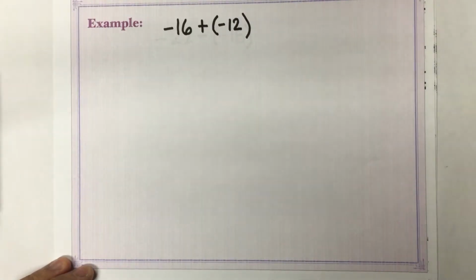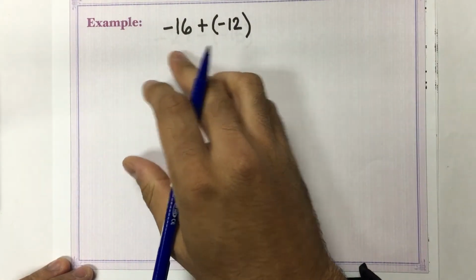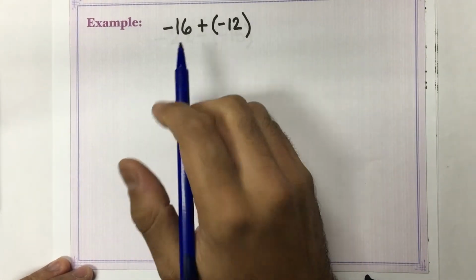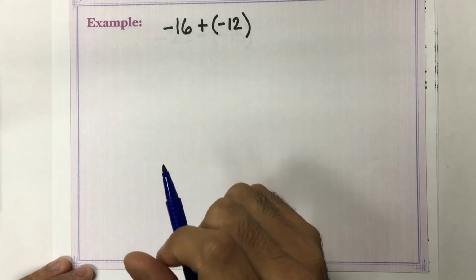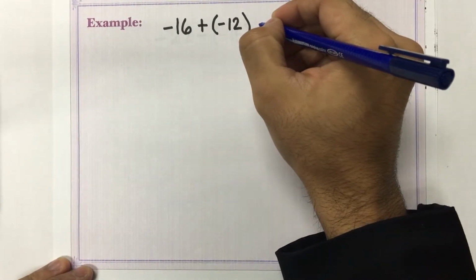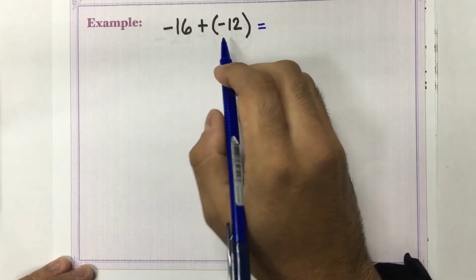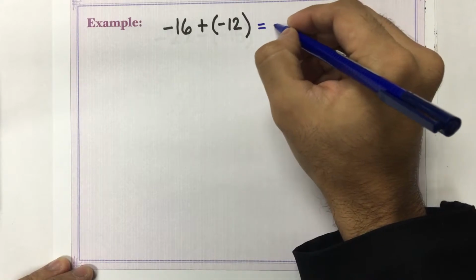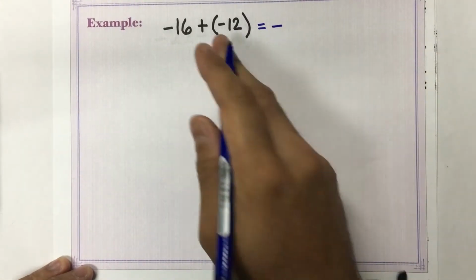Now we have a case of an addition of two negative numbers. Remember what we said before. When they have the same sign in addition, you have to add them the way you normally do, and the sign of the answer is going to be the same that the other two have in the beginning. So it's going to be negative in the end.